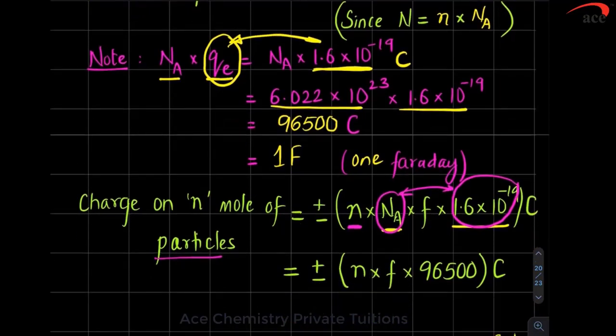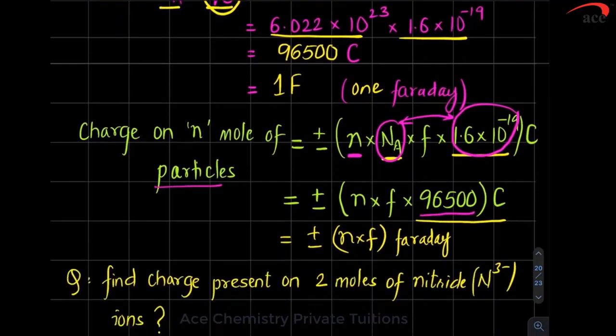But these two multiplied will be what? 96,500. If you want, you can write this as plus or minus n multiplied by F, Faraday, because 96,500 coulomb is 1 Faraday. So the F here stands for Faraday.